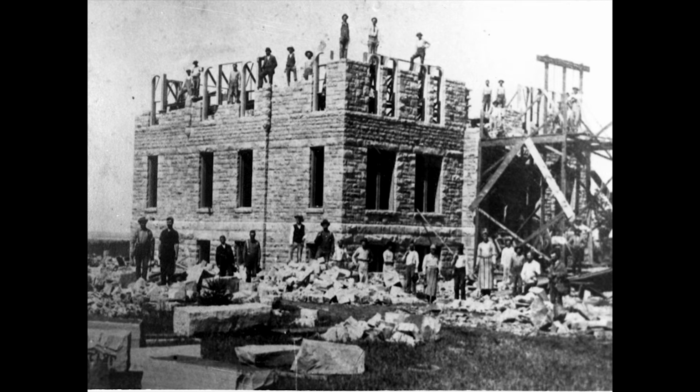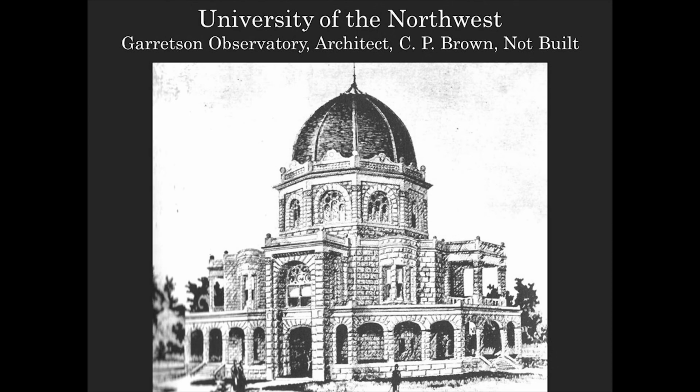Assuming the big stone you can see there in the bottom left hand side of your screen is about 2 by 2 by 10. I'm not good at math. Needless to say, it weighs tons. The University of the Northwest also had tentatively planned to build the Garretson Observatory. It was designed by Charles Porter Brown, but never built.